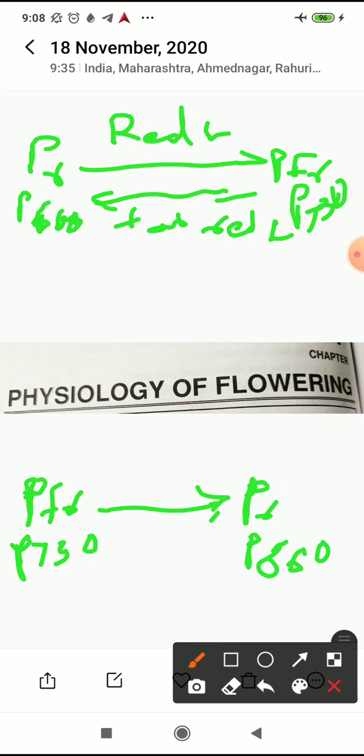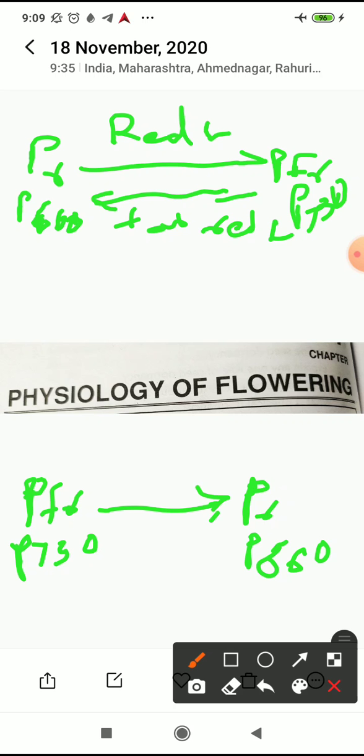Under long day photoperiods, what happens? P730 is retained for a longer time under long day periods. The P730 form of phytochrome is responsible for stimulating flowers in long day plants, and at the same time, it suppresses flowering in short day plants.